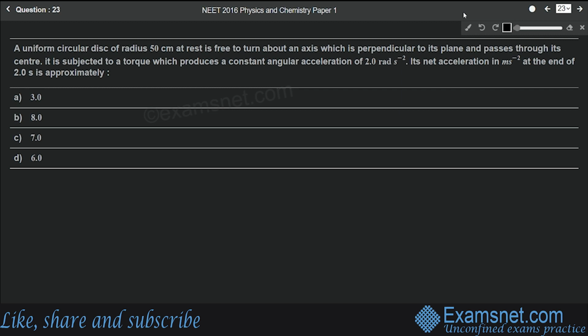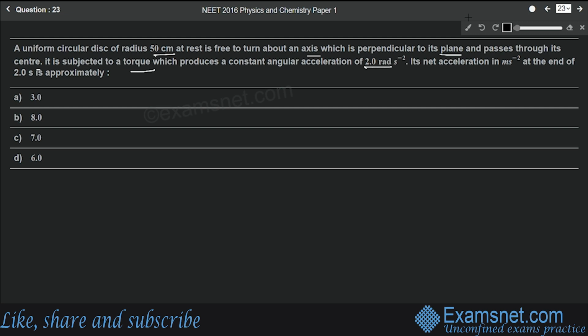Next question is from the chapter Systems of Particles and Rotational Motion, and the question is: a uniform circular disc of radius 50 centimeter at rest is free to turn about an axis which is perpendicular to its plane and passes through its center. It is subjected to a torque which produces a constant angular acceleration of 2 radian per second square.